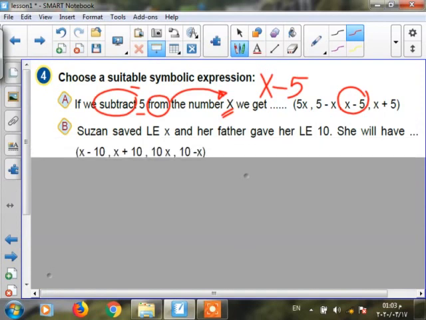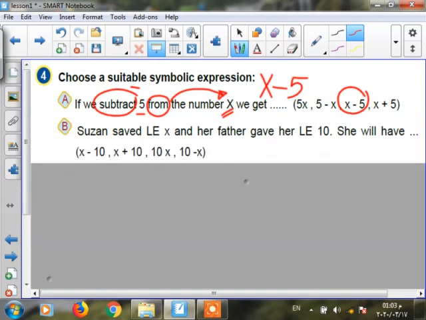The next one, Suzanne saved x LE, and her father gave her 10 LE. This is a very important one. I want to write the suitable expression.